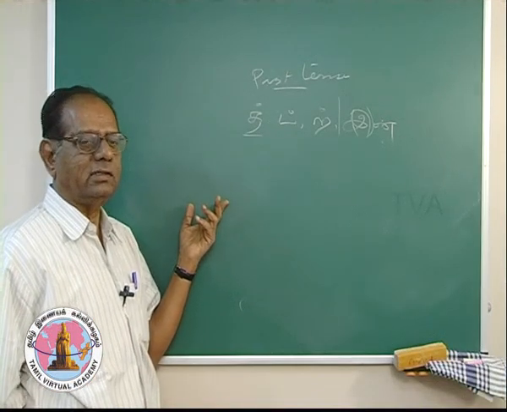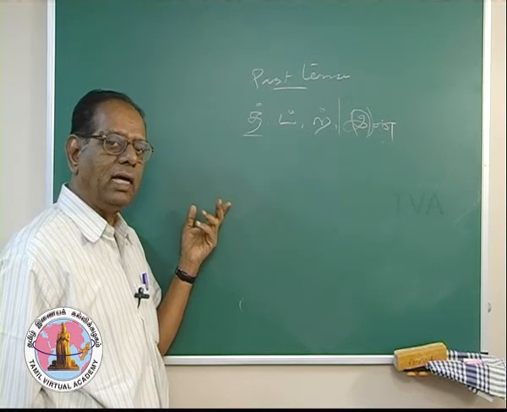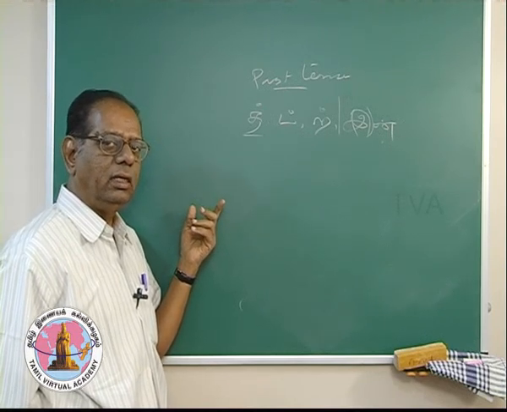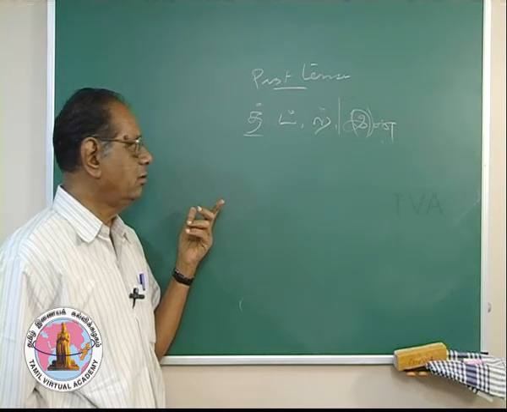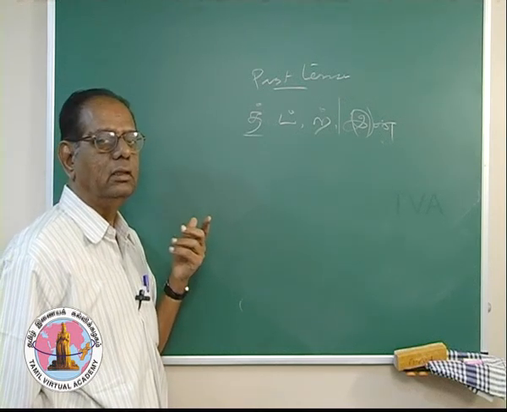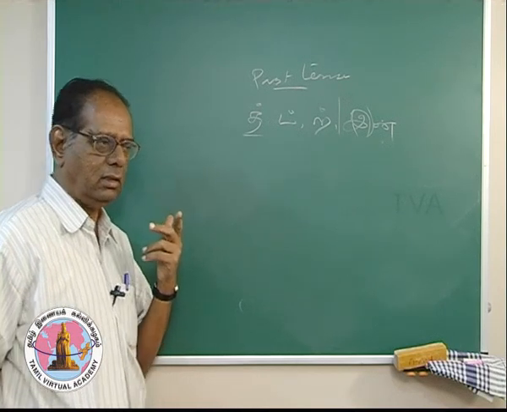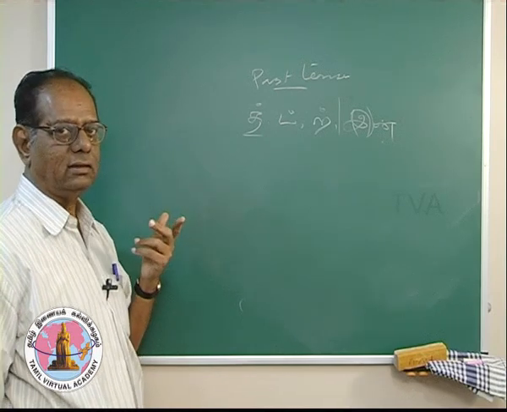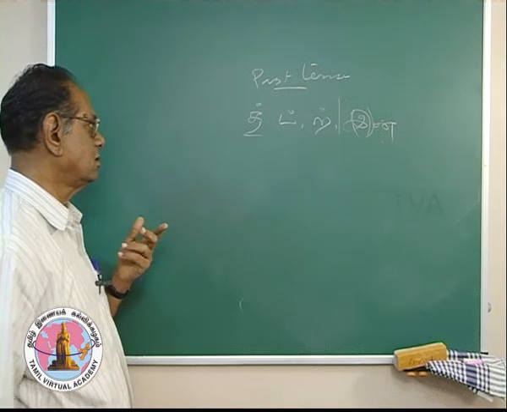In some cases, a different type of change takes place. We shall take up the 2 peculiar verbs, and we did discuss that when we were learning the present tense.